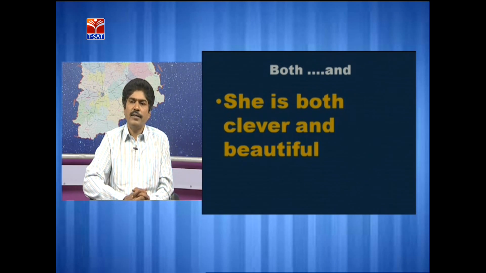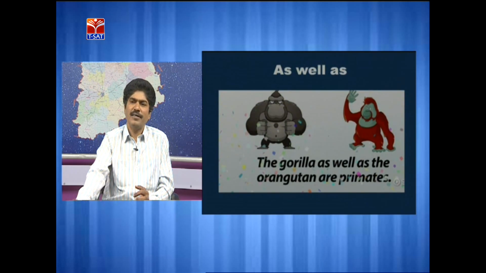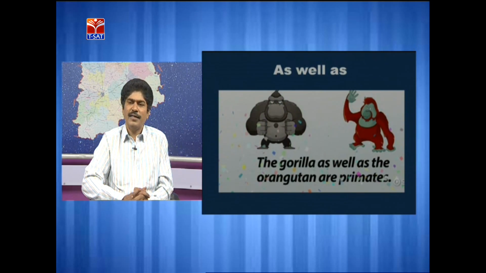And, both and. We use it as a pair, and we call them correlative conjunctions. She is both clever and beautiful. As well as: the gorilla as well as the orangutan are primates.